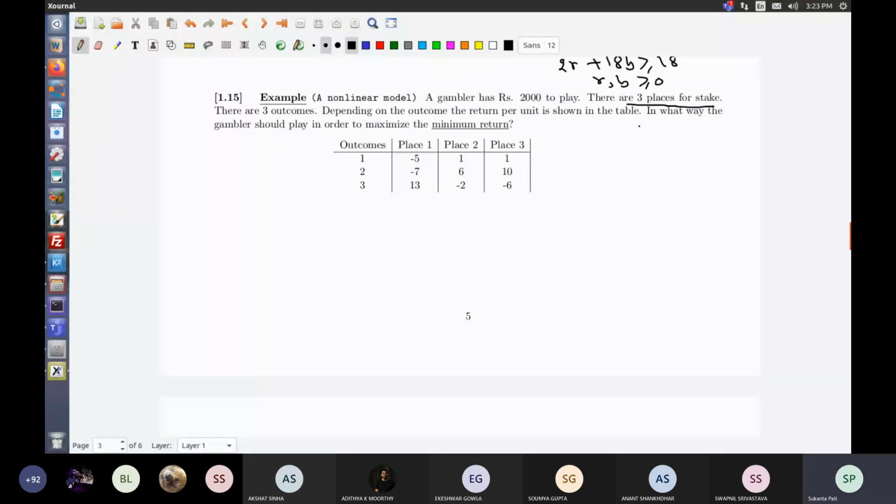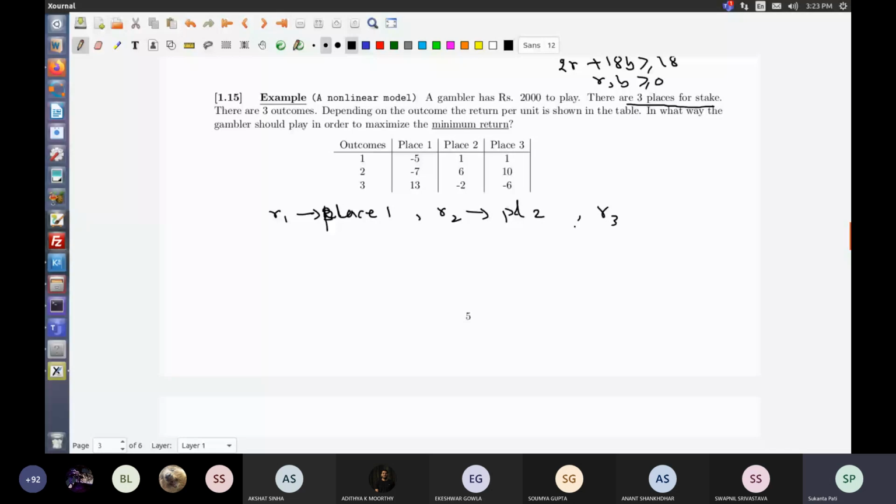So you write R1 as the amount for place 1, similarly R2 for place 2, and R3 for place 3. This is the amount that he is going to spend. In that case, R1 plus R2 plus R3 is going to be 2,000. That is one constraint.